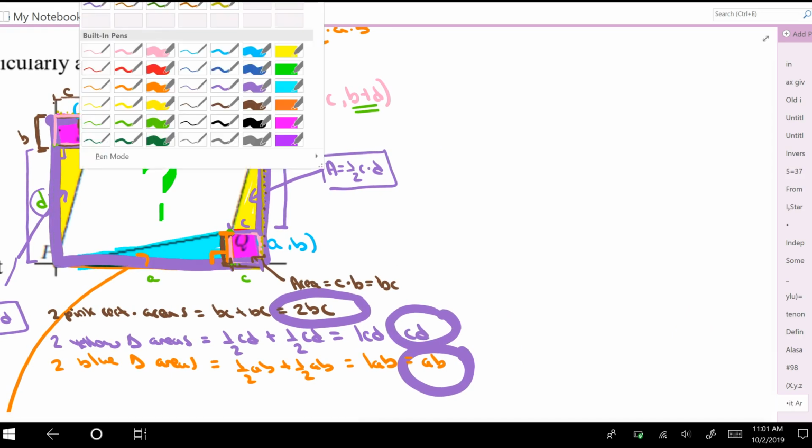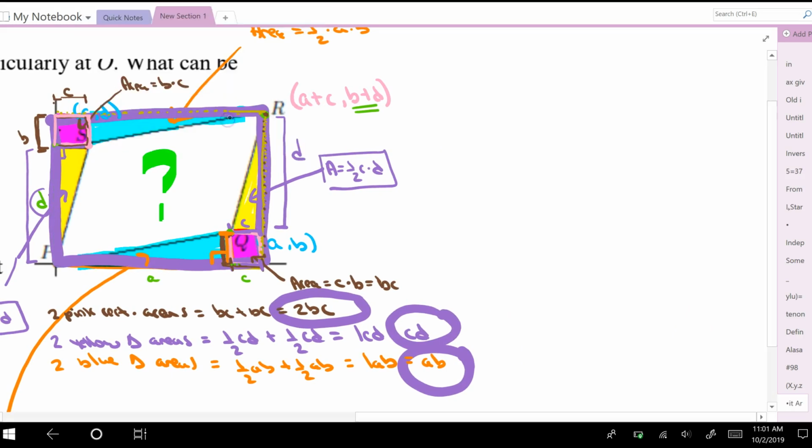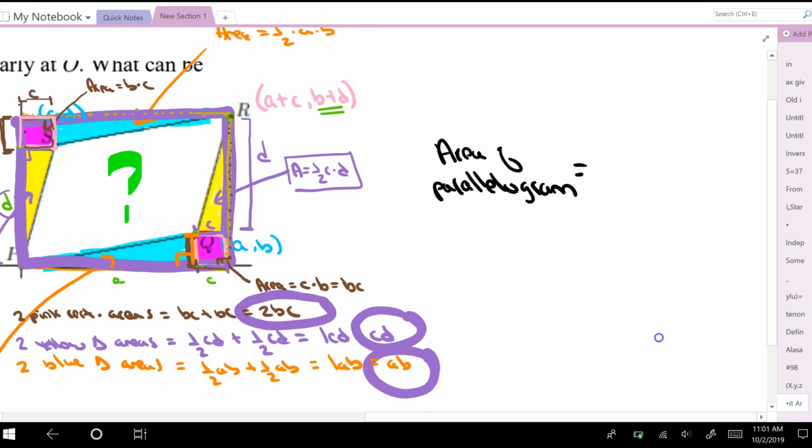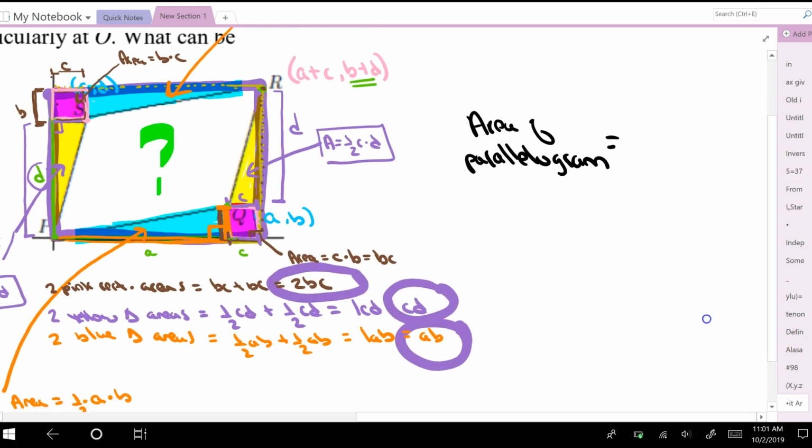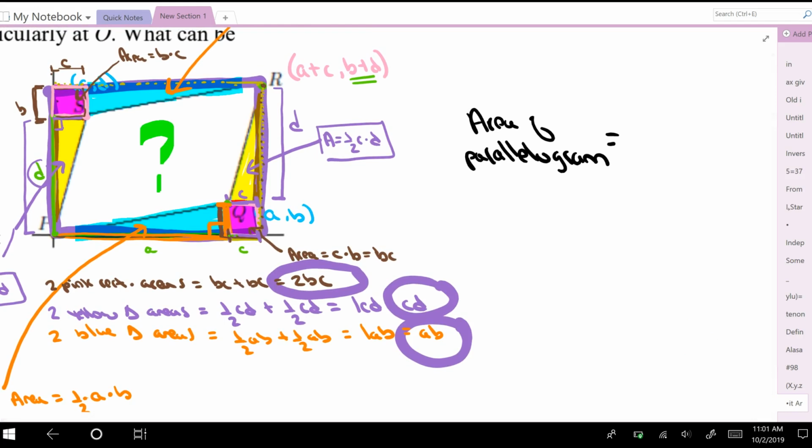So I am going to say, at the end of the day, granted, it may not have been the most delightful thing to do, but the area of the parallelogram is equal to base times height. Okay, so I'm going to go back and draw. What is this length here? Or length times width. That length is A plus C, right?